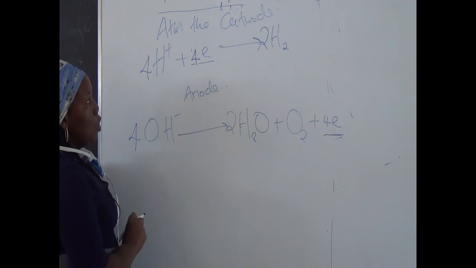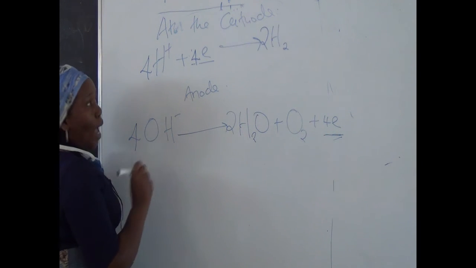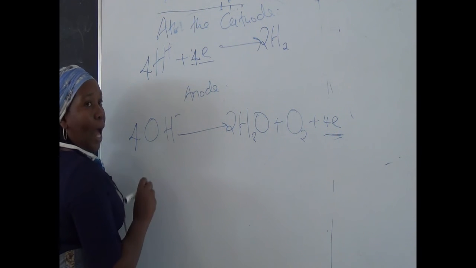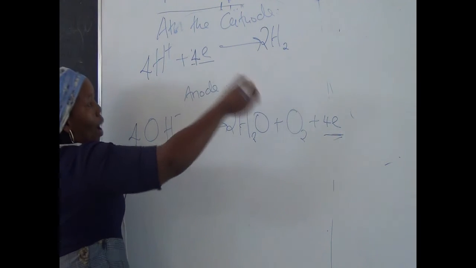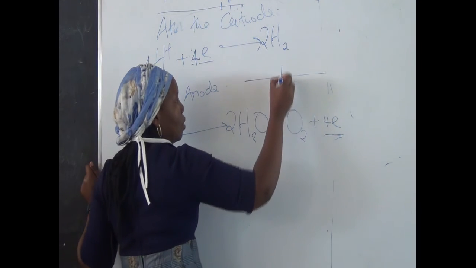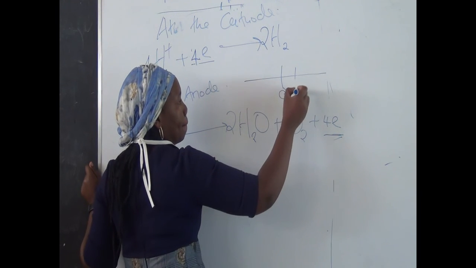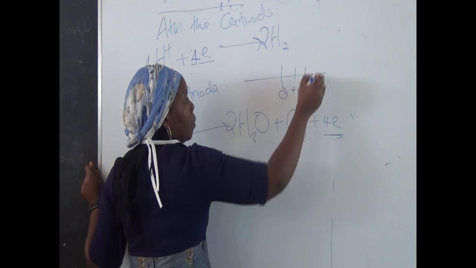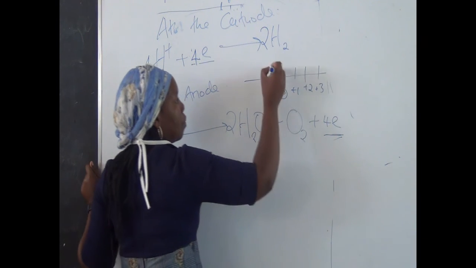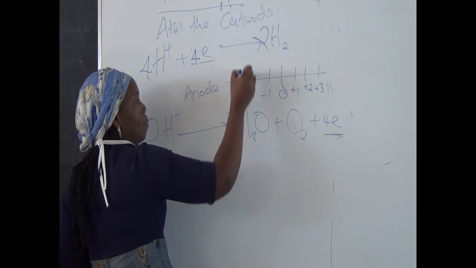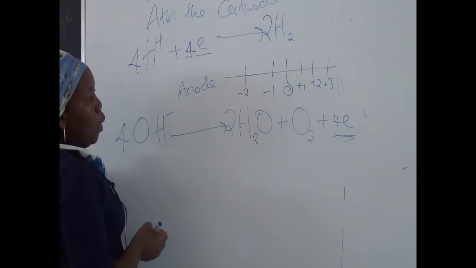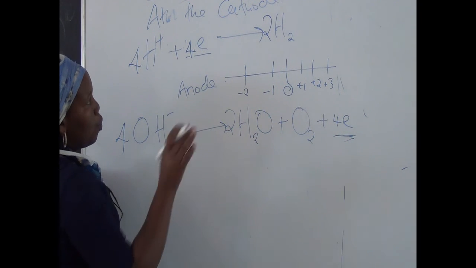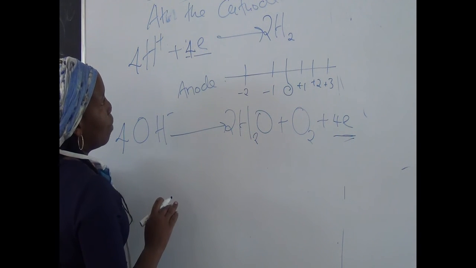The other thing we need to do is to identify where reduction has taken place and where oxidation has taken place. Now, we go back to our simple number line. Then we have -1, and here we have -2. Because we are just dealing with small numbers, we will not go to the big numbers.